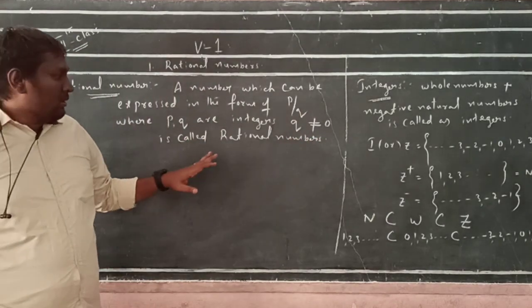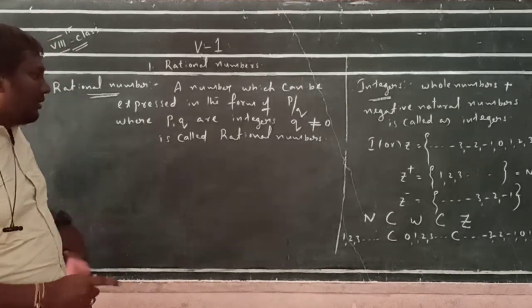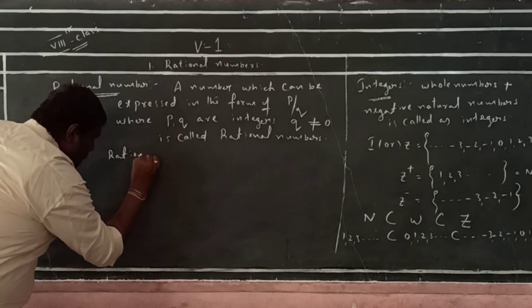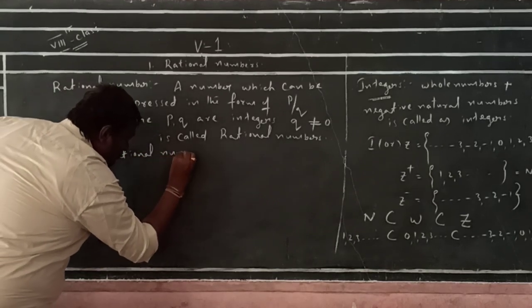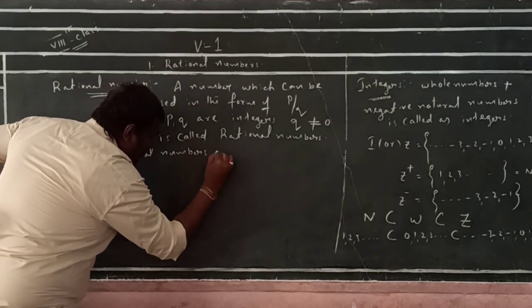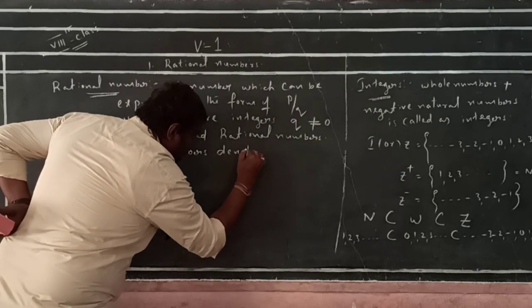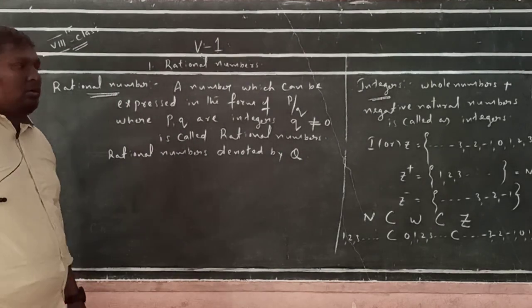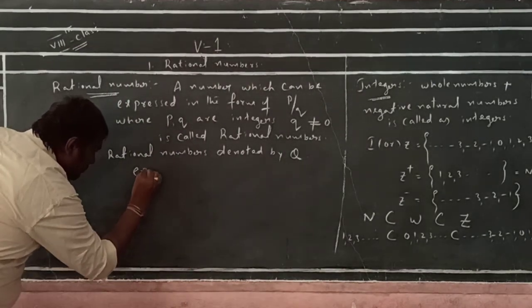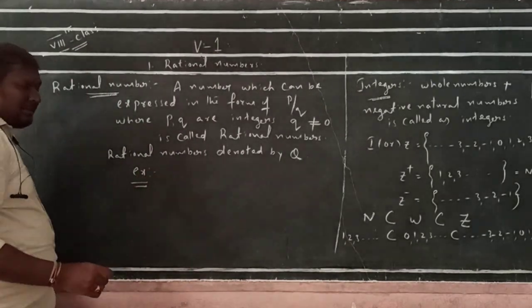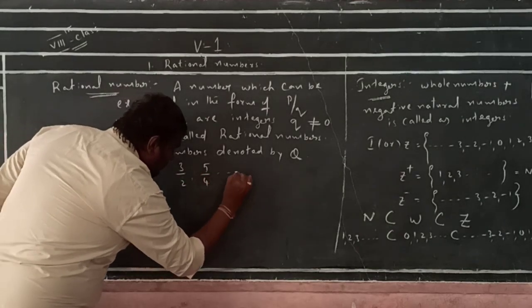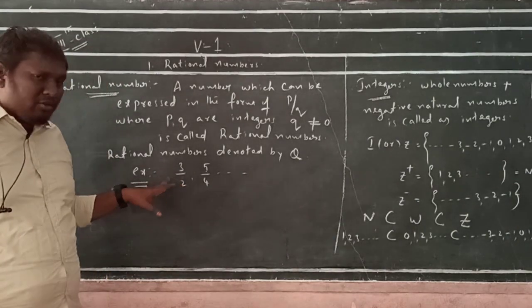Understand? Here rational number is denoted by Q. Okay, for example, 3 by 2, 5 by 4, these are rational numbers, p by q form.